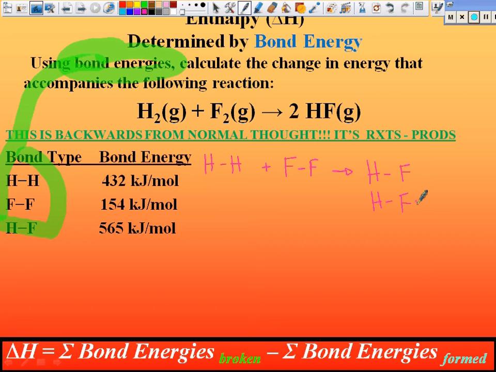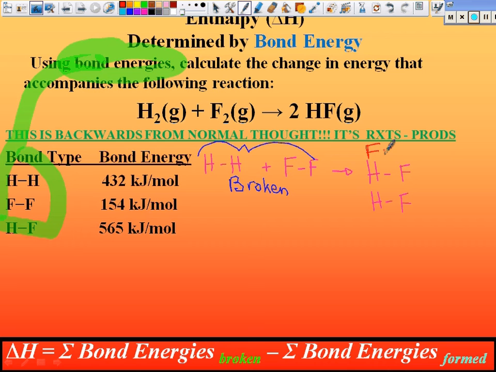Which side up here has to be broken? So these are all going to be broken. Okay, what about those over there? These are going to be formed. Does that make sense?